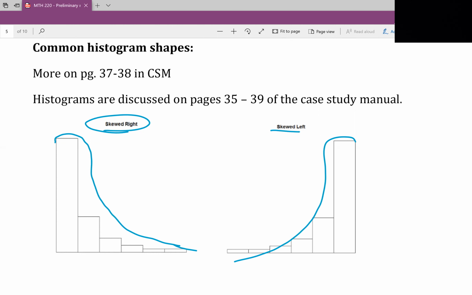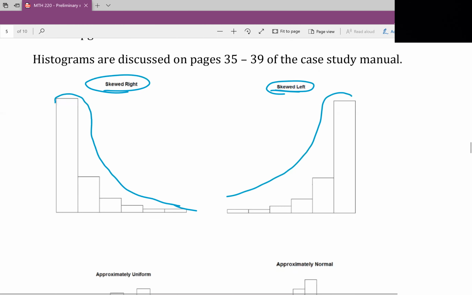Now, anytime you see a histogram, I am going to encourage you to take your pen like I'm doing and draw a line over it just to get a good idea of what that shape is that we're looking at, okay? And then I want you to use the words that I'm circling on this page to help describe the shape that you see.